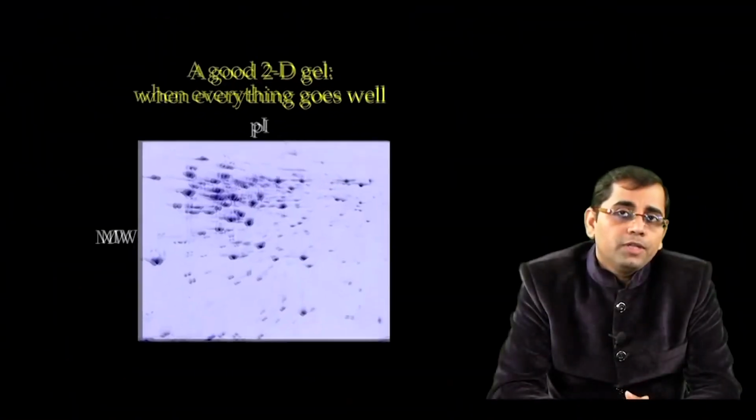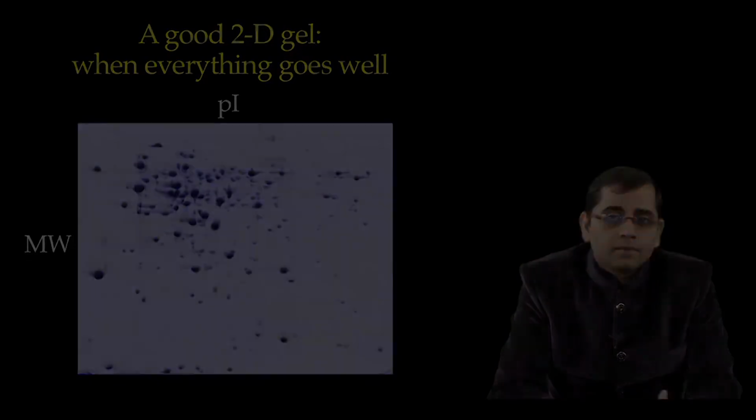This is a view of a sample gel which has been run by two-dimensional electrophoresis and stained with Coomassie blue. Each spot provides information about the molecular weight and isoelectric point of the protein. If your protein separation and staining is fine, then at the end you should be able to see good protein separation on the gel. But many times there are different types of gel issues which could give rise to a very bad gel image.